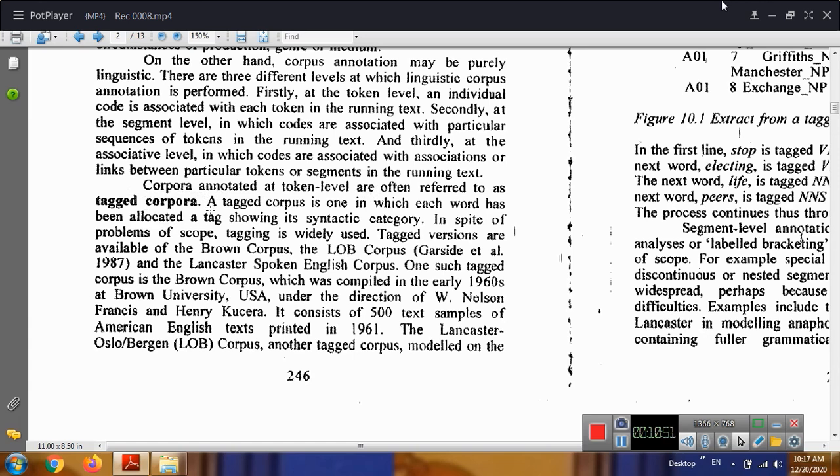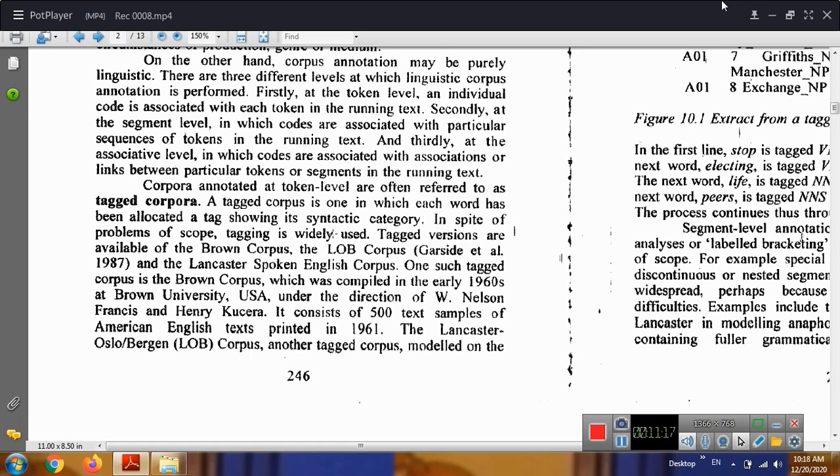Therefore, we consider a tagged corpus as a corpus which has been annotated at the token level. A tagged corpus is one in which each word has been allocated a tag showing its syntactic category. Through the code, we show the syntactic category of that word.